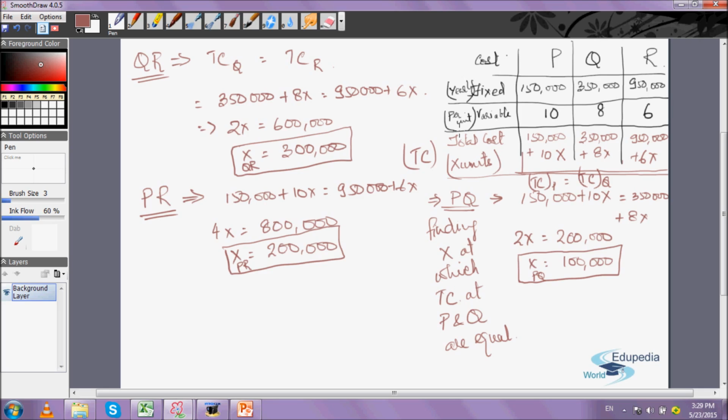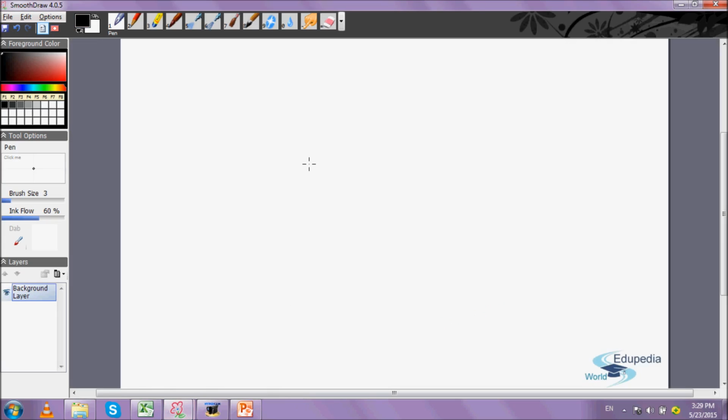Next I need to solve and plot them. I need to plot them on a graph. Now to do that I need to get some points, so let me write that here.